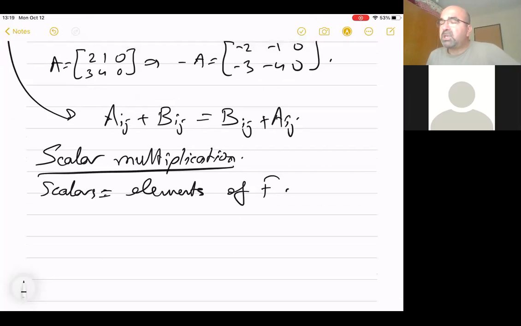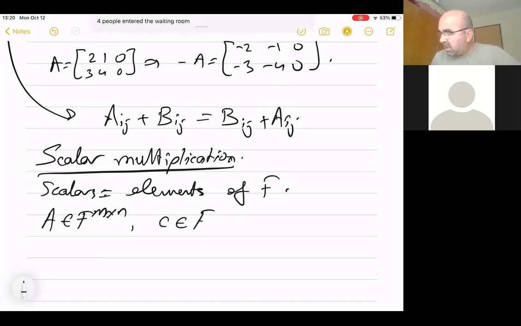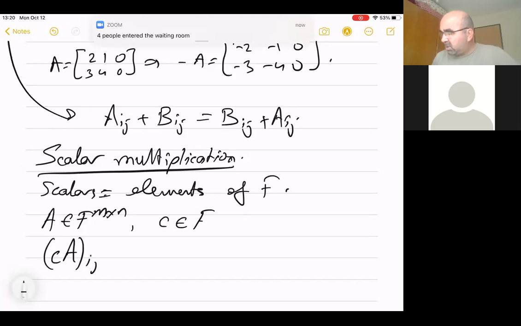So scalar multiplication is, given an m cross n matrix A and a scalar c from the field, then c times A is the matrix whose ijth entry is c times A_ij.